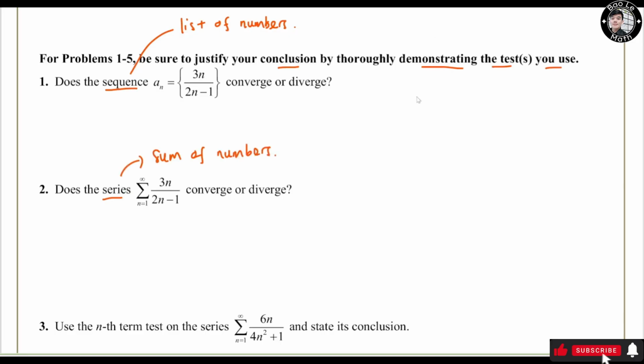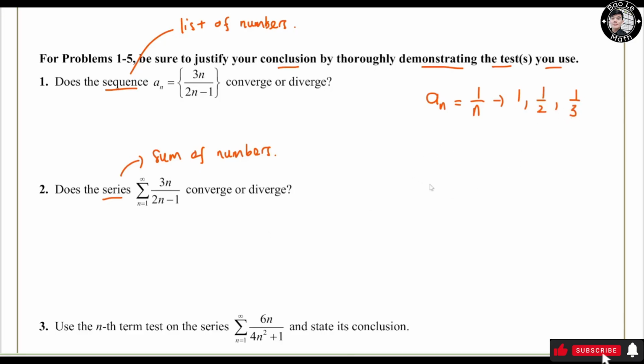For example, take the sequence a sub n equals 1 over n. If n equals 1, I get 1. N equals 2, I get 1 half. N equals 3, I get 1 over 3. I just list the numbers.